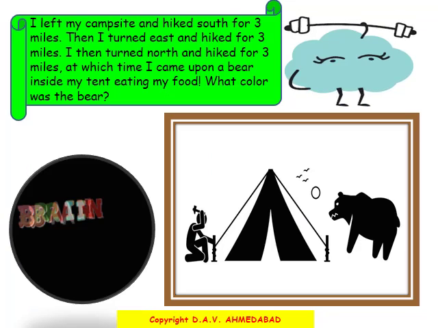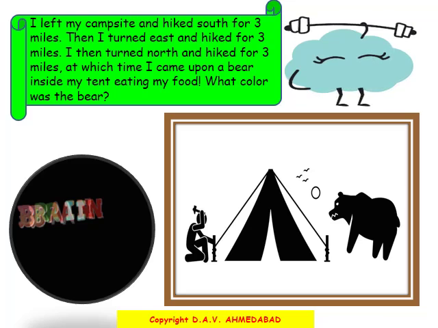Okay students, now it's time for an activity. Now it is a brain energizer. You can see there is an image given below where there is a man, there is a tent, and there is a bear. Now the question comes, I left my campsite and hiked south for 3 miles. Then I turned east and hiked for 3 miles.